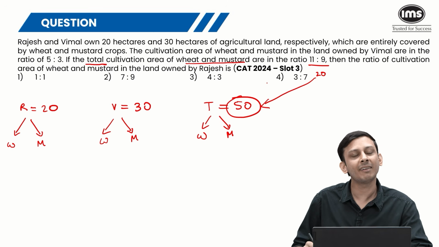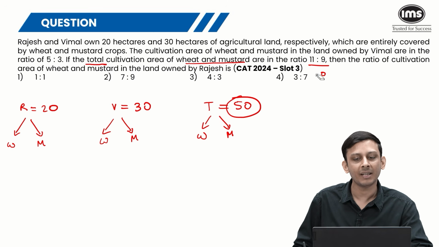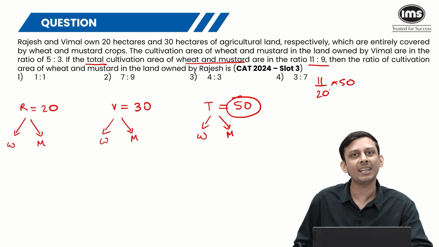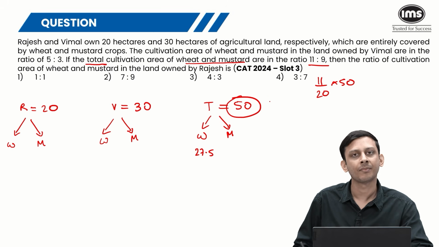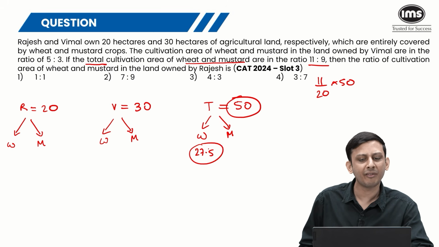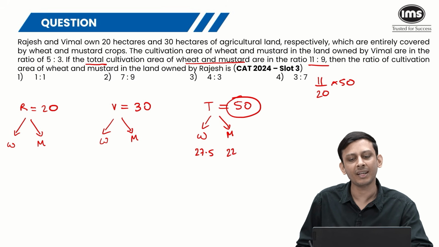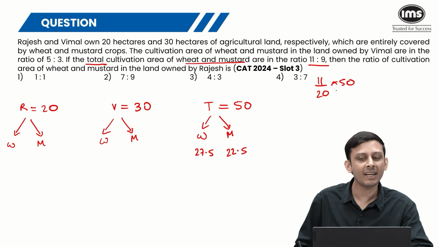So the problem will be, we'll get decimal values. For example, if we find the total wheat, that will be 11 parts out of total 20 parts into the total 50. And what will that be? That will be 11 into 2.5. So that would be 27.5.